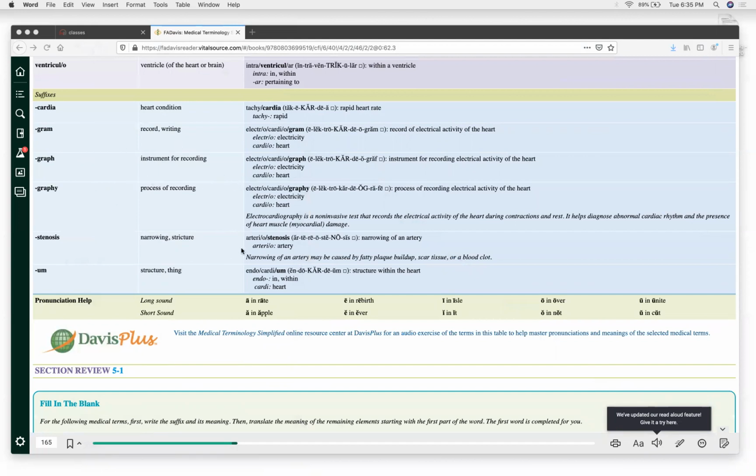We talked about stenosis and sclerosis. Now, sclerosis, I want you to think hardening. Stenosis, I want you to think narrowing or stricture. They're both sometimes used interchangeably, but for my exams, they're not interchangeable. Stenosis means a narrowing or a stricture, okay? And sclerosis is the hardening.